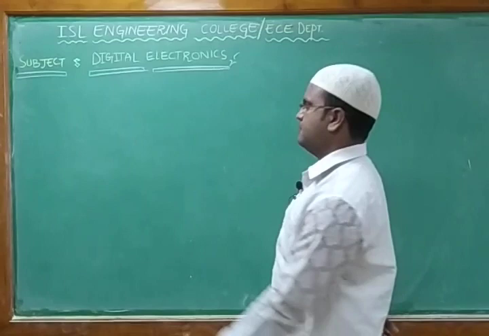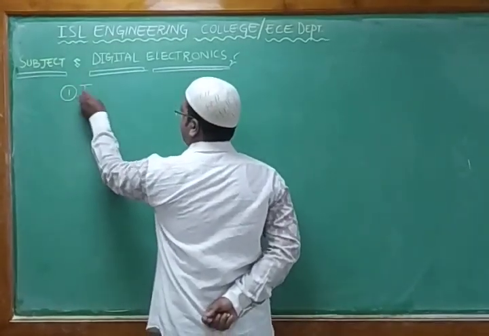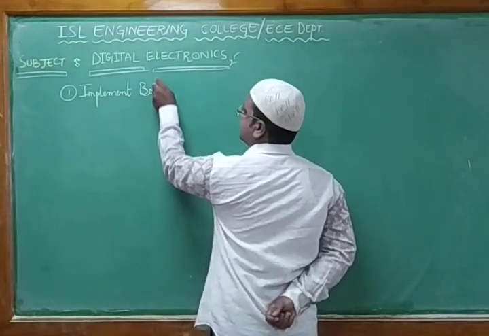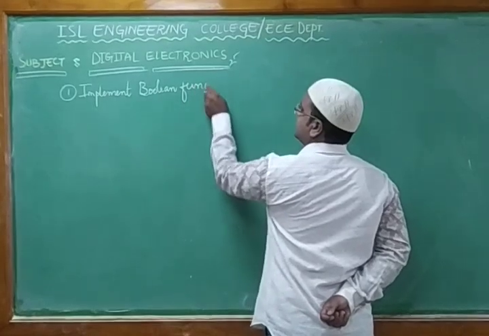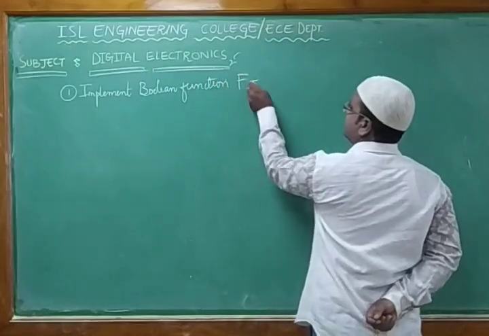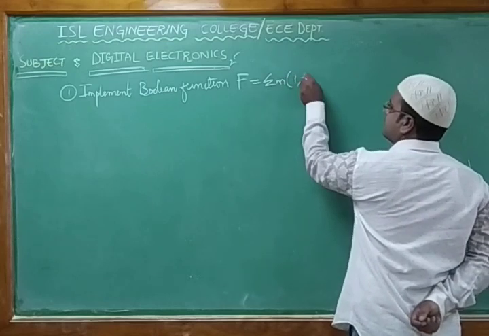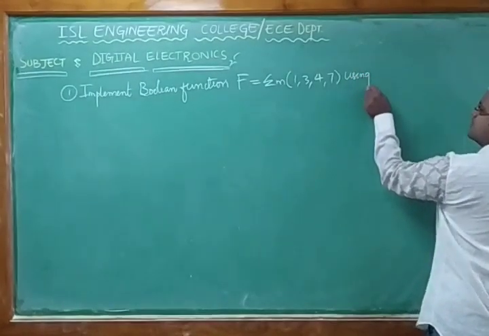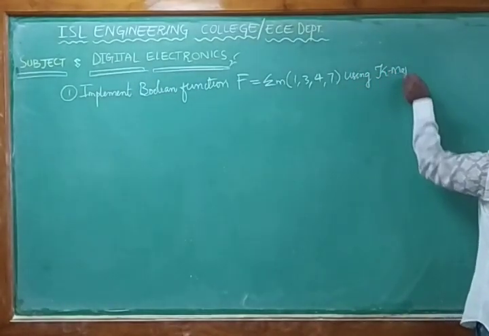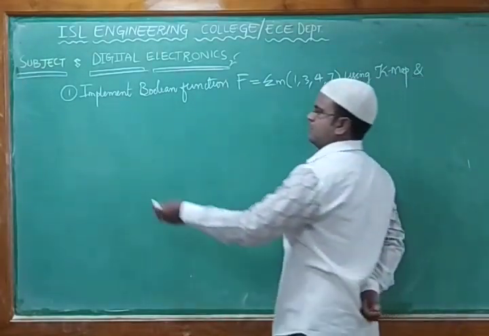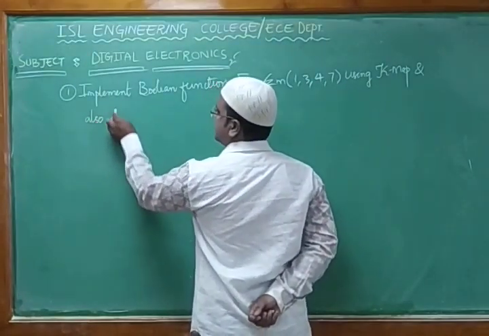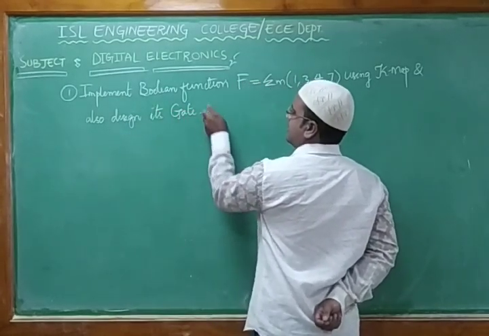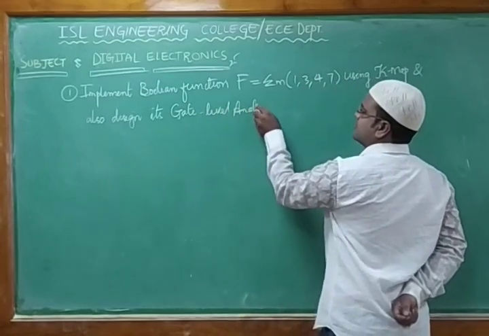So we are taking the first problem. The first question is: implement the Boolean function f of summation m of 1, 3, 4, 7 using K-map, and also design its gate level analysis.